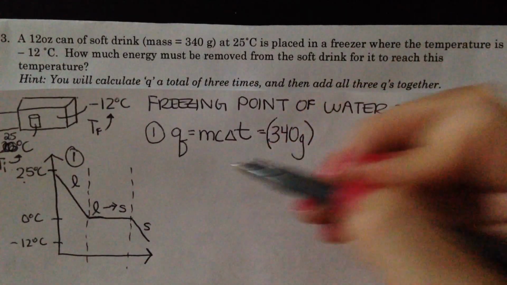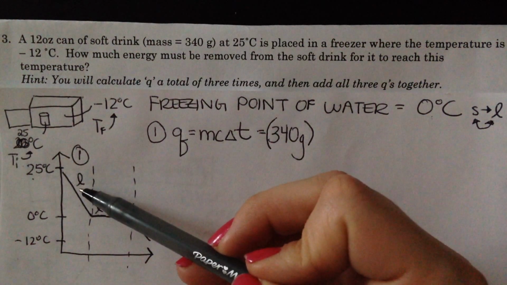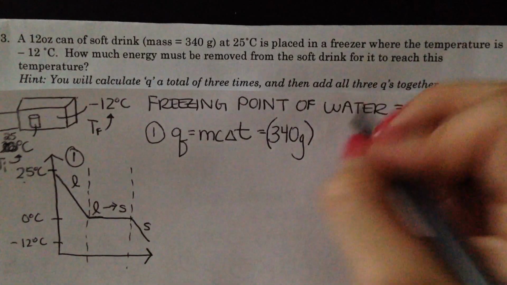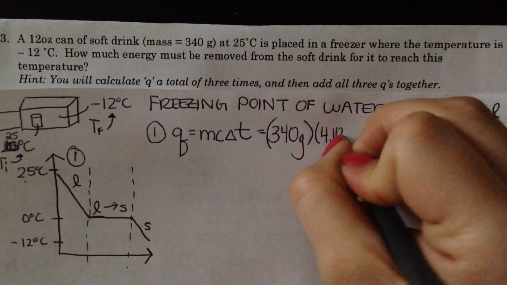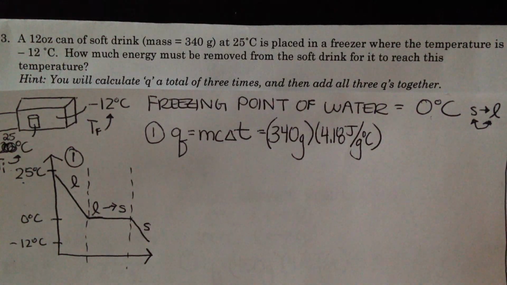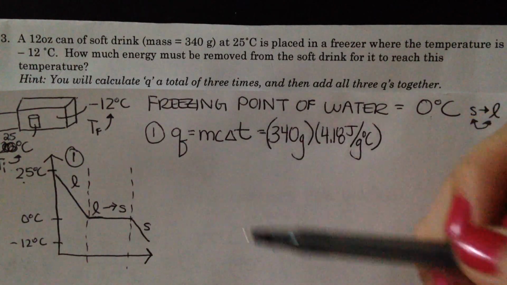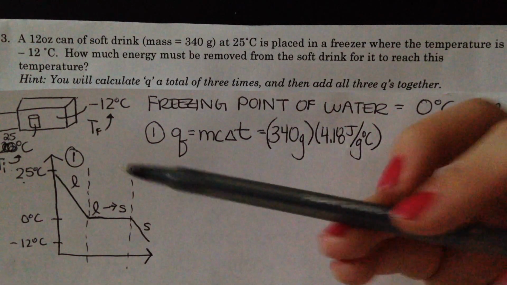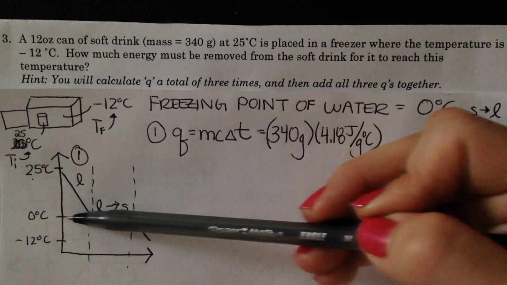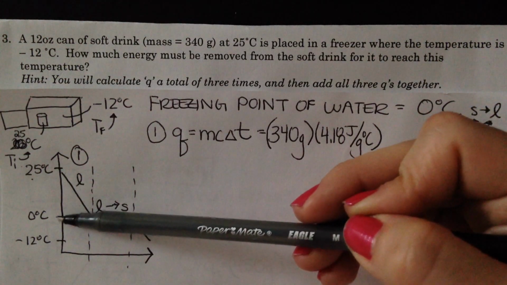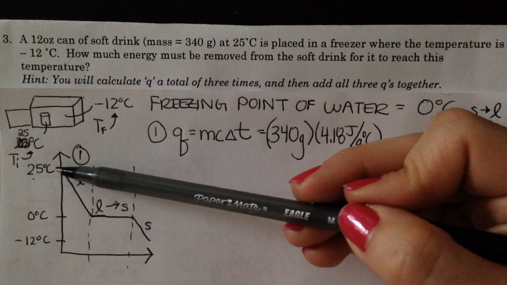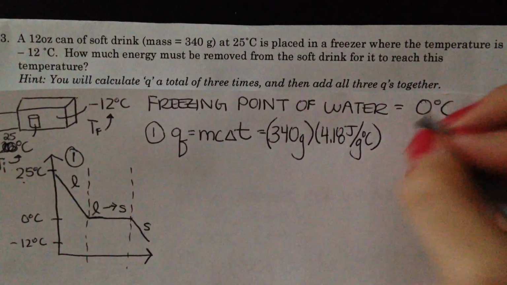My C, well, in this case I have a liquid, so it's going to be the specific heat of liquid water, which is 4.18 joules per gram degree Celsius. And my change in temperature is going to be the difference between my final temperature for this stage, which is 0 degrees, and my starting temperature for this stage, which was 25 degrees.